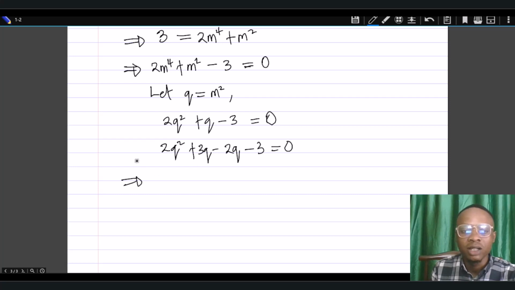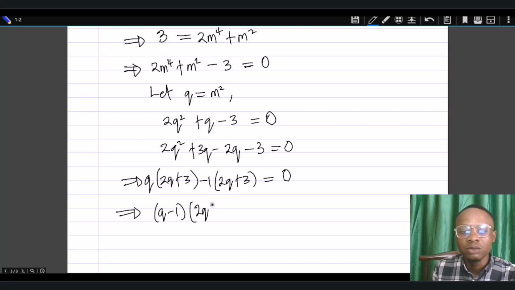From here, we can say this is q into 2q plus 3, then minus 1 into 2q plus 3 is equal to 0. So when we factorize, this is going to be q minus 1 into 2q plus 3 equals 0.